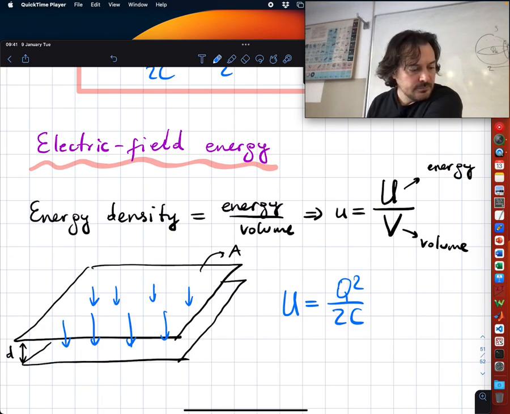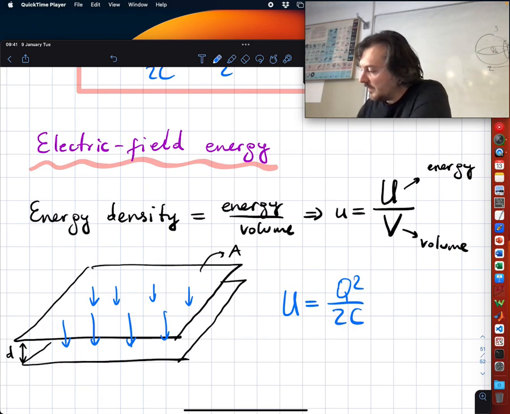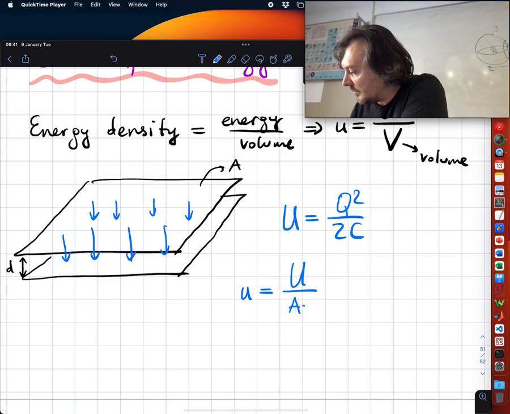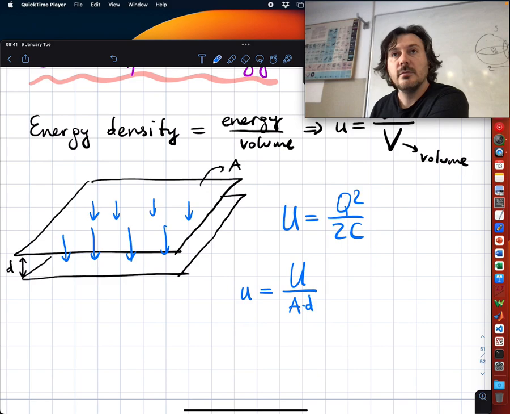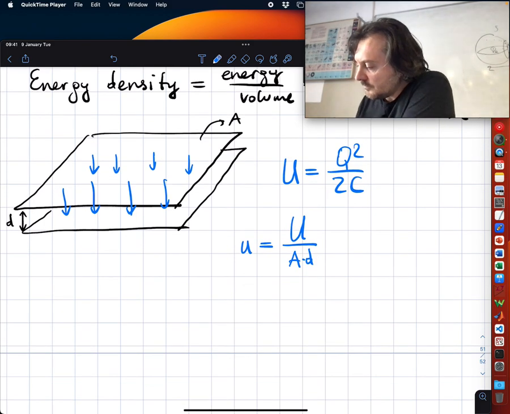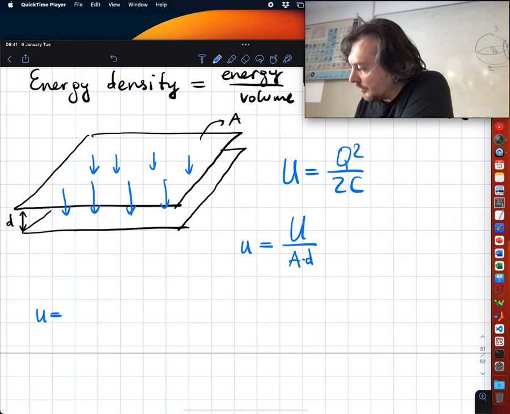So what is small u? Can I say that small u is U divided by A times D? Because that's the volume in between.